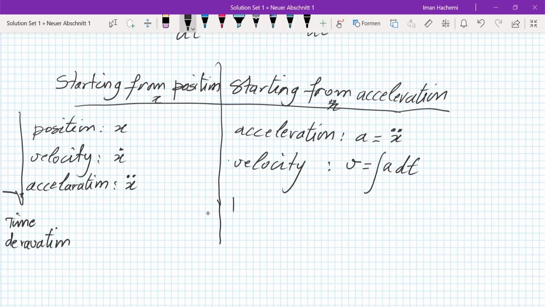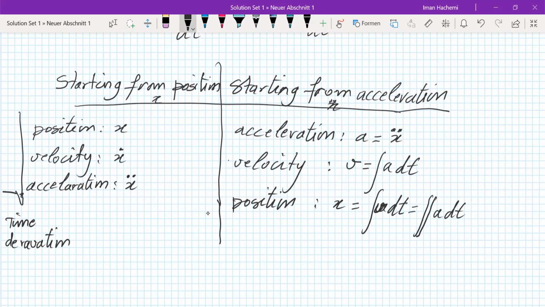And then there is the position x, which is the integral of v dt, and can also be said to be the double integral of a dt.